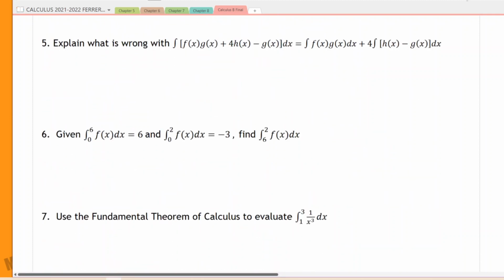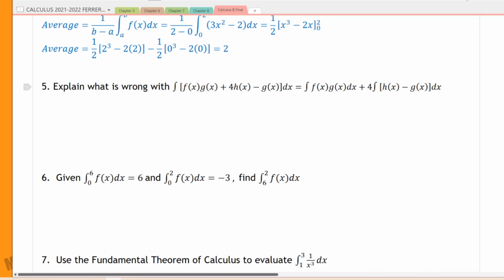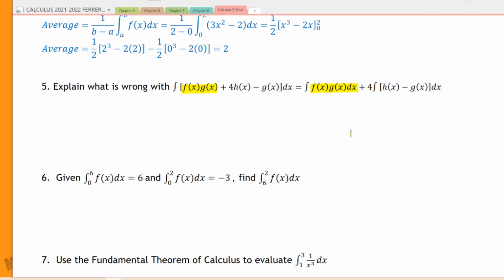Question 5. What is wrong with this one? The integral of f of x plus g of x plus 4 times h of x minus g of x. That's equal to, well, clearly you can separate this at the plus sign and the minus sign. So let's separate that. We've got the integral of f of x plus g of x dx.